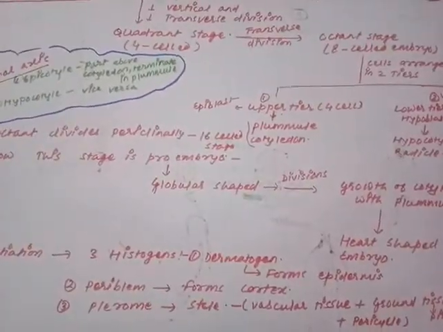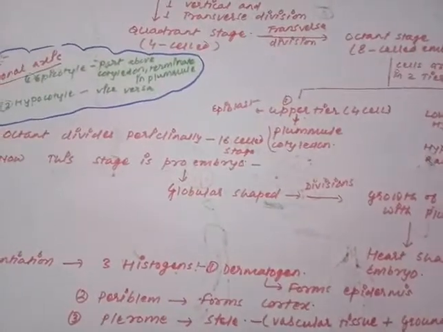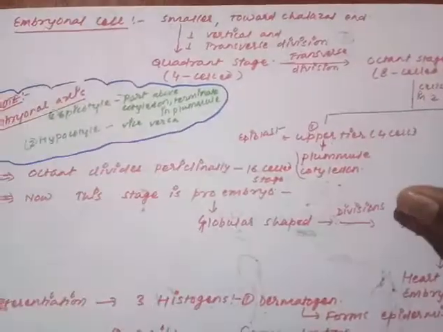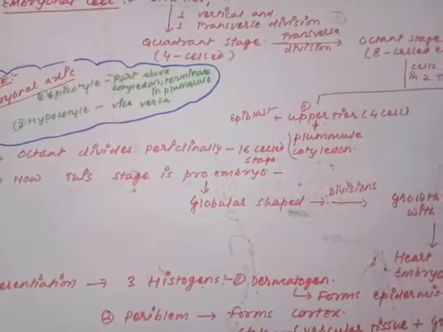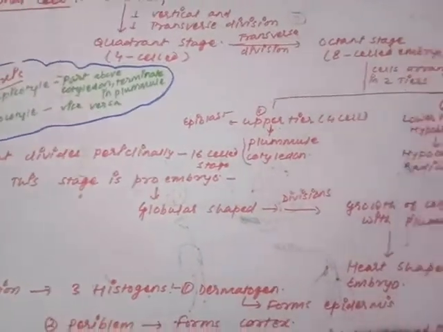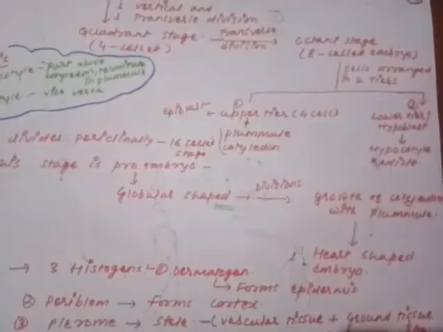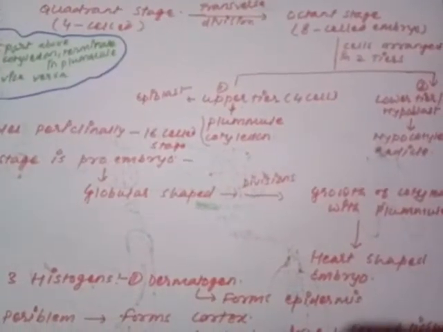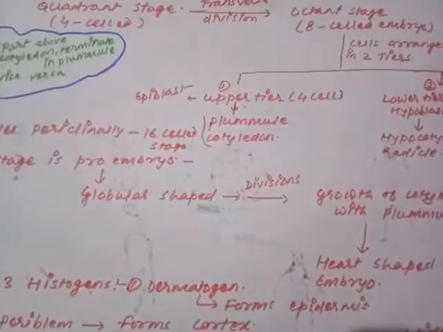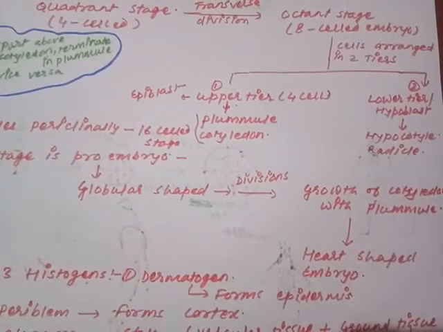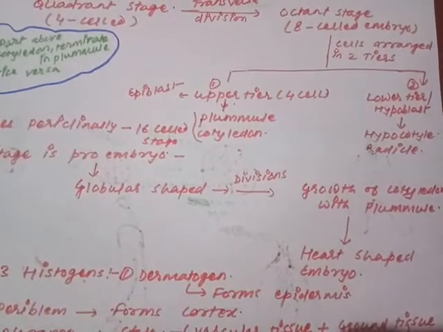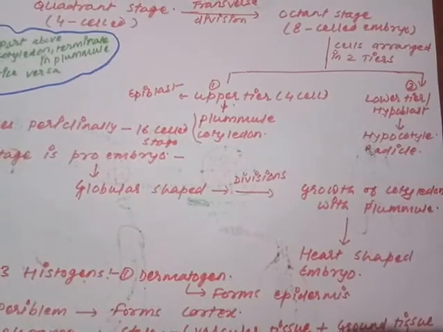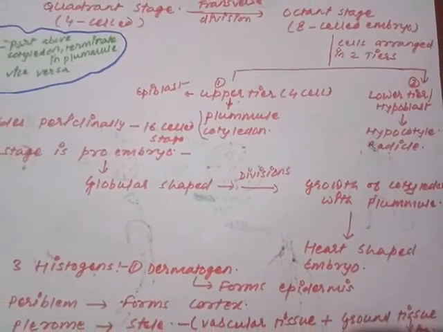The embryonal cell is going to divide first by a vertical division, then a transverse division. The quadrant stage is there. Now the transverse division will form the octant stage. The octant stage is once again going to divide transversely and form the two-tier arrangement of cells, epiblast and hypoblast.